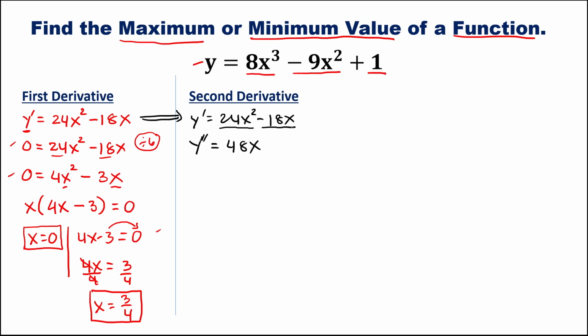And the derivative of negative 18x is negative 18. So this is now the second derivative.